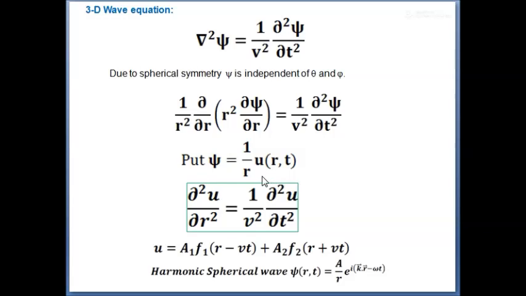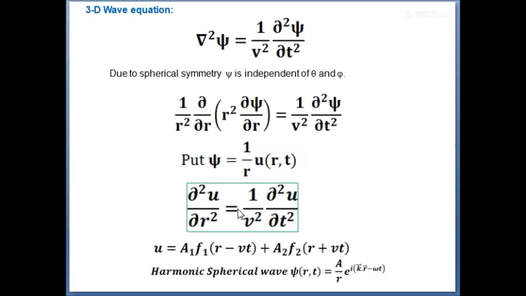So u is a function of r and t at the same time. Putting this psi equal to 1 by r u(r,t), the equation becomes del squared u by del r square equals 1 by v square del square u by del t square. You can simply put this in and eliminate those terms and you get this result.